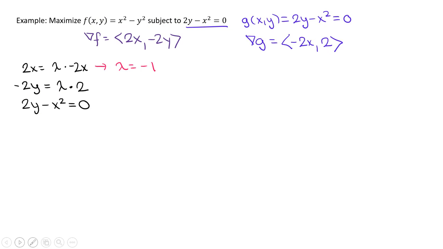And so in this case, the first equation, I can actually solve this for lambda. I get lambda equals negative 1 if I divide both sides by negative 2x.